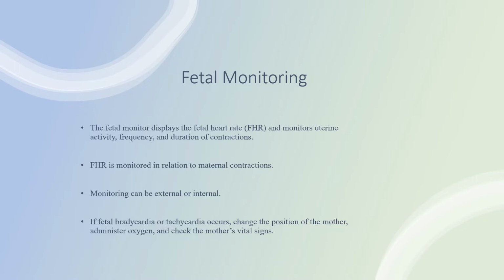Again, sometimes it could be just as simple as changing the position of the mother and giving oxygen. If she's receiving oxytocin, you would want to discontinue it. Check the mother's vital signs, and then it would need to be reassessed. Hypertonic uterine activity.